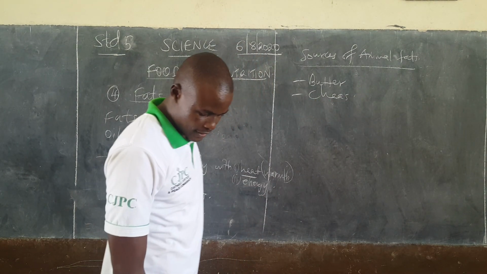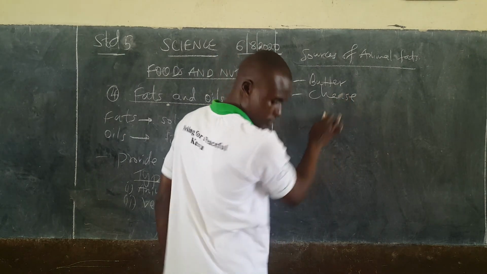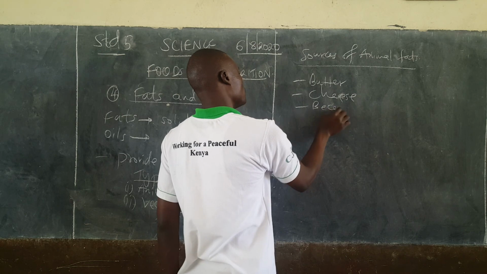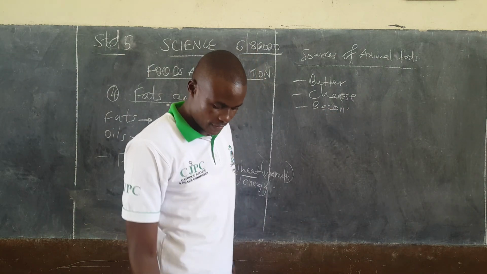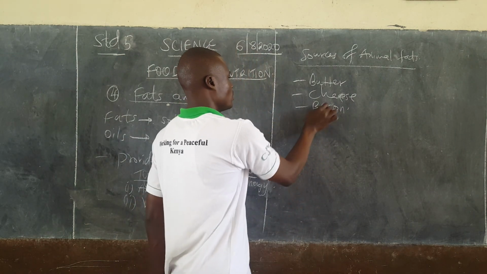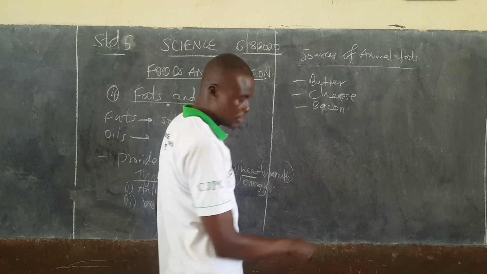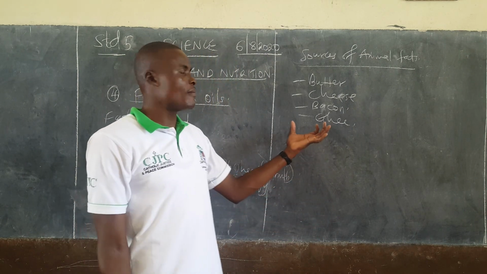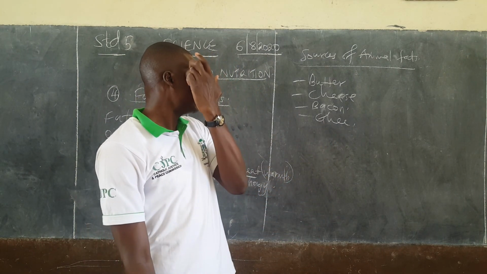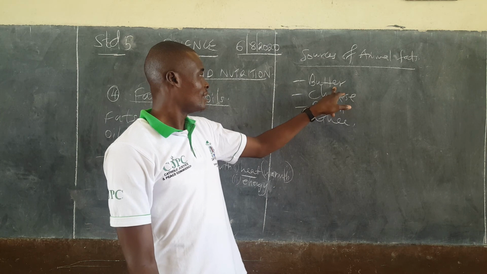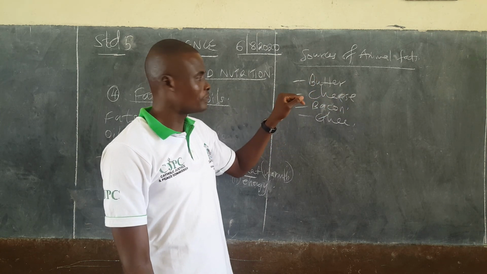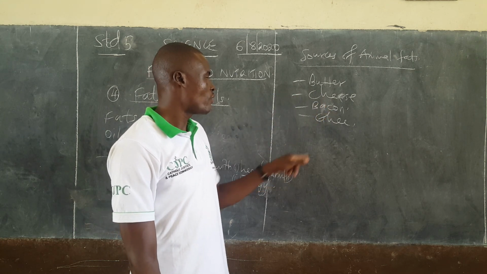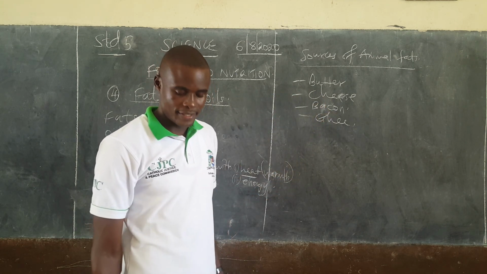And then we have bacon. After bacon, we have ghee. So these are the sources of animal fats: butter, cheese, bacon, and ghee.